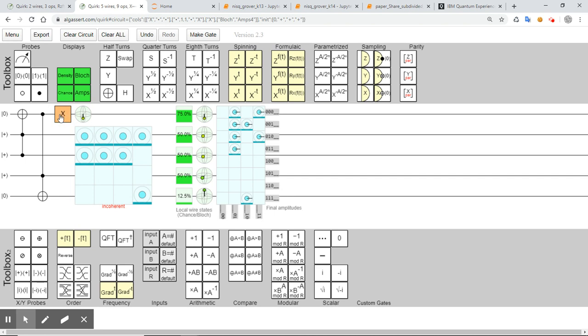It does change my state, right? Because then I've got this in here, this in here.